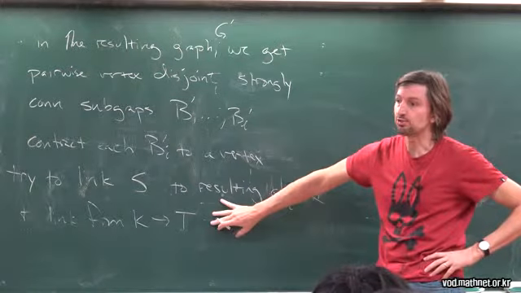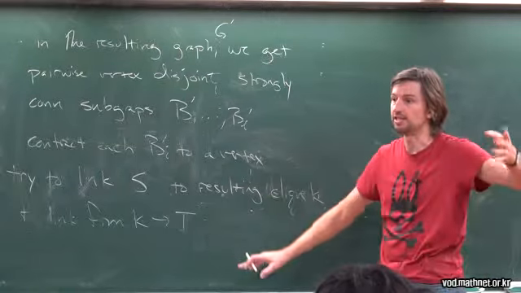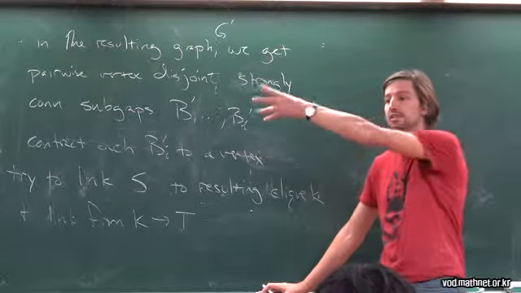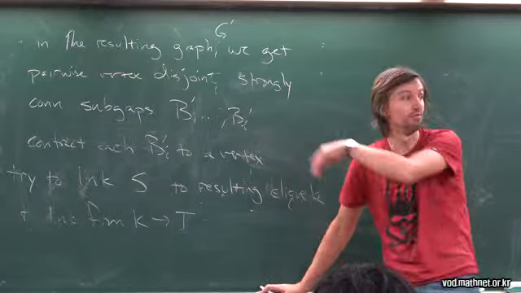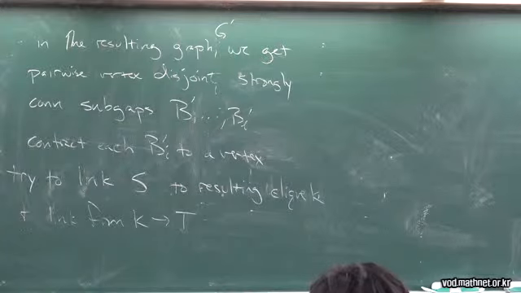If I can find those paths, well, that's exactly what I wanted in the original graph, right? I wanted an integral linkage from S into distinct bags of now this depth 2 bramble, and then another linkage from distinct bags of this depth 2 bramble back to T.